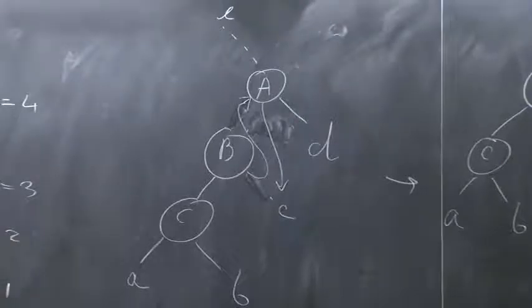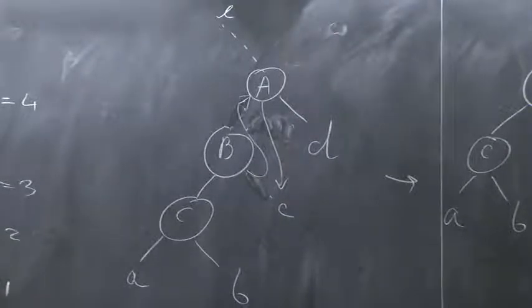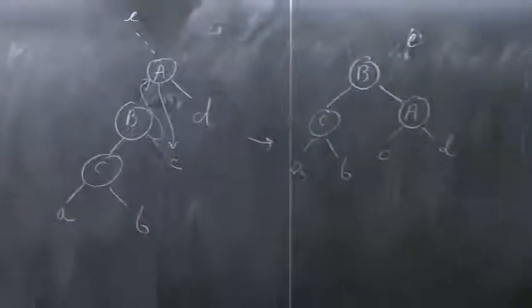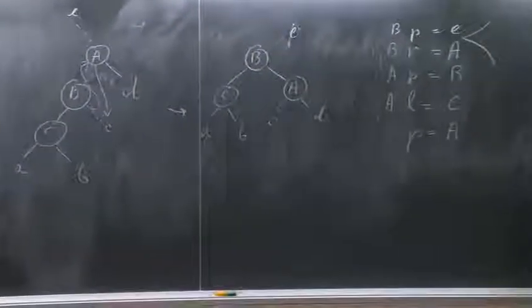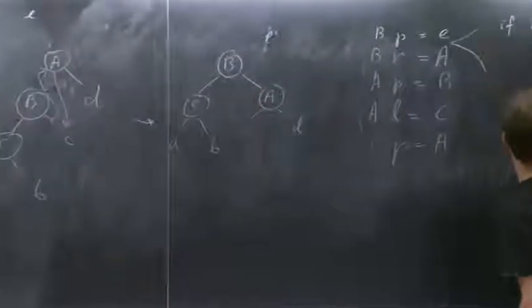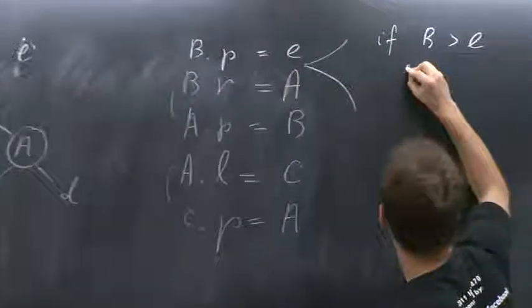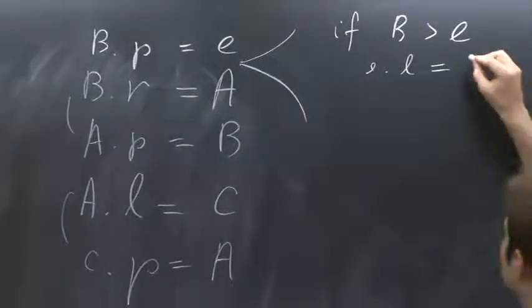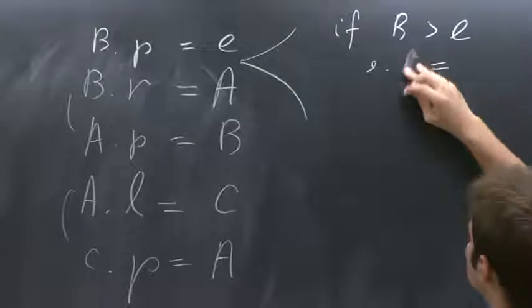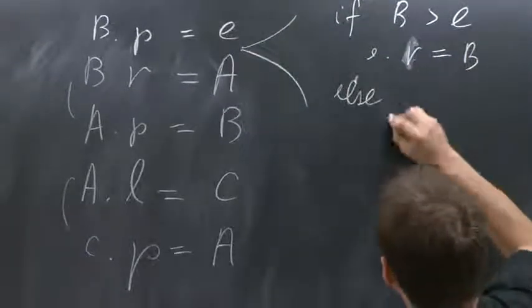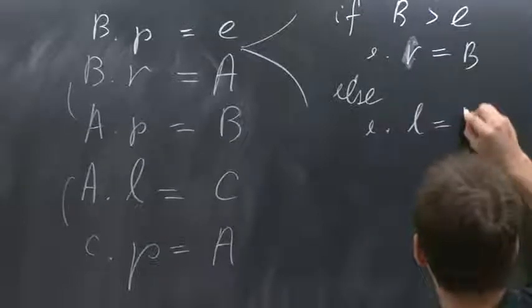So we have to look at both cases, depending on which A was. If B is greater than E, then it would be the right child, and if B is less than E, it would be the left child. So if B is greater than E, then E's right is B. Otherwise, E's left is B.